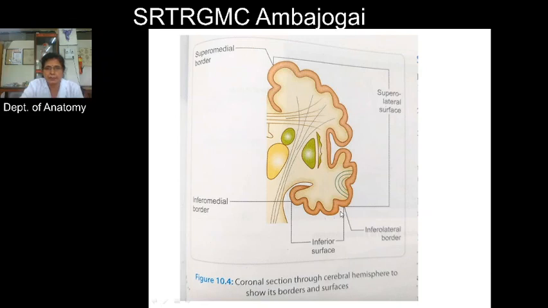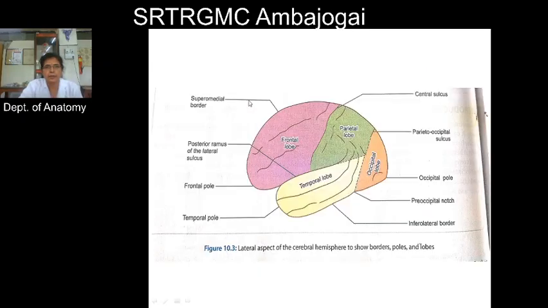The surface present between the infralateral border and the inframedial border is called the inferior surface, and the surface present between the inframedial border and the superomedial border is the medial surface, and this medial surface is directed towards the medial surface of the other cerebral hemisphere.